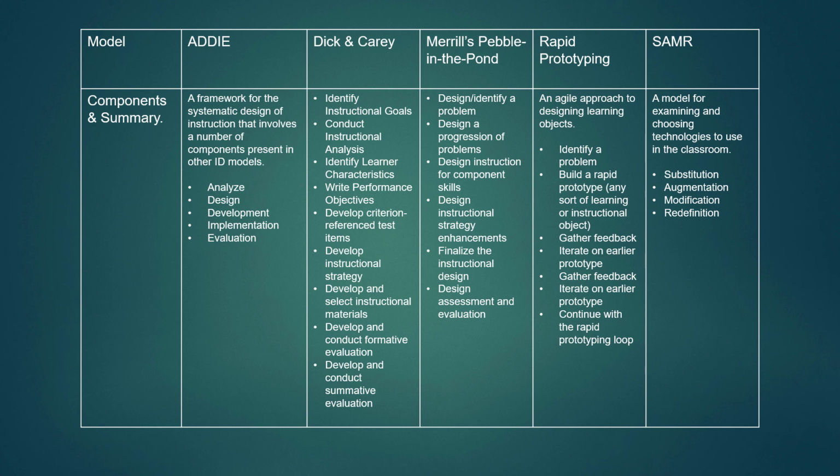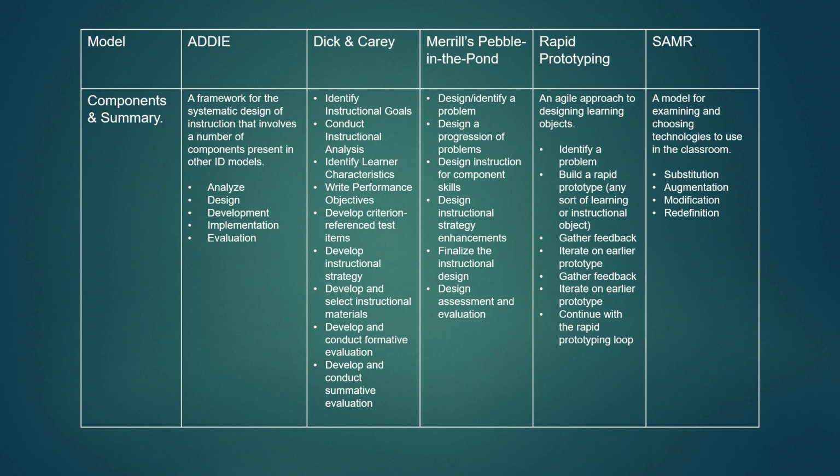Also good for novices, but like ADDIE, it can be time consuming. Merrill's Pebble in the Pond model is distinctive in its focus on building your instructional content around one big problem, a task or skill your students need to learn. Everything is scaffolded off of that.